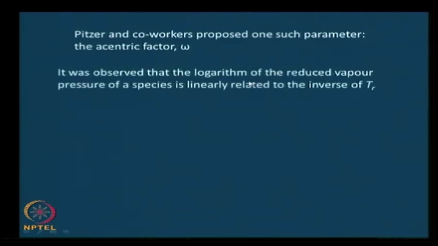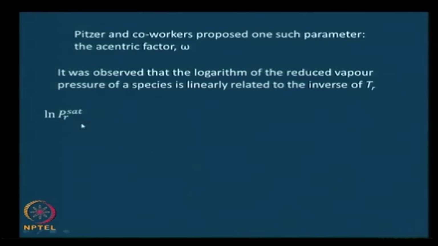This was found experimentally by analyzing a large amount of data. They observed that the logarithm of the reduced vapor pressure of a pure substance is linearly related to the inverse of the reduced temperature. This was a powerful kind of information gathered from a large amount of data.